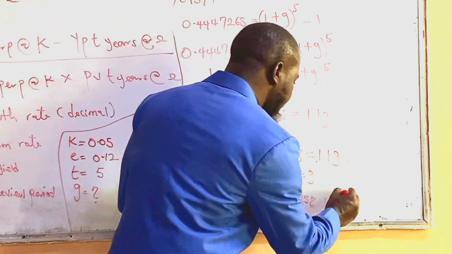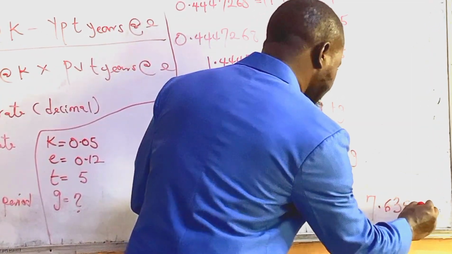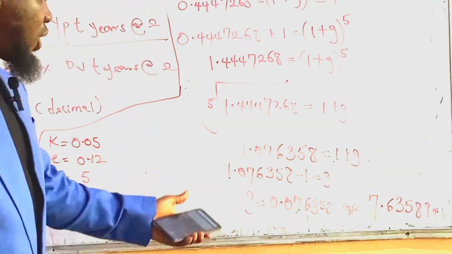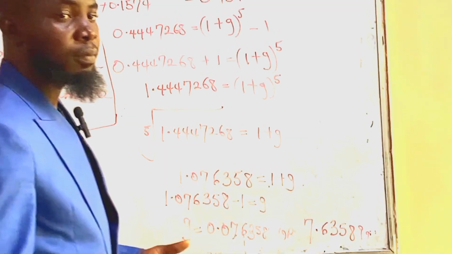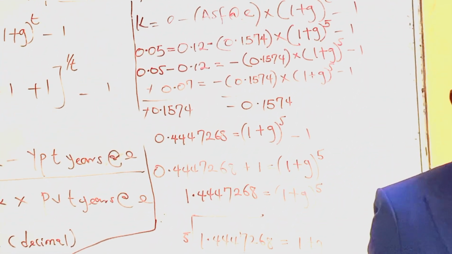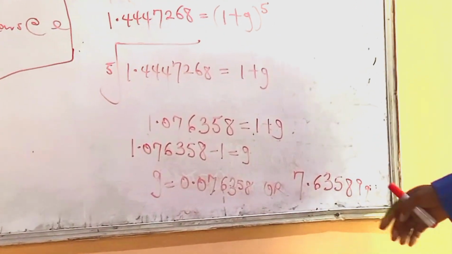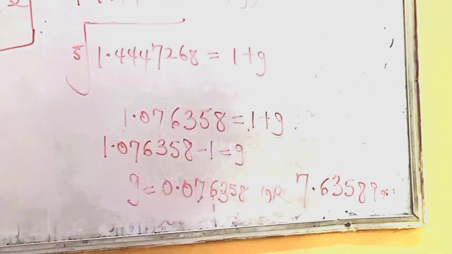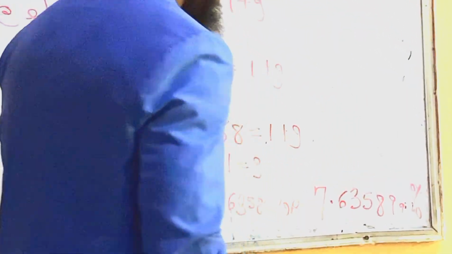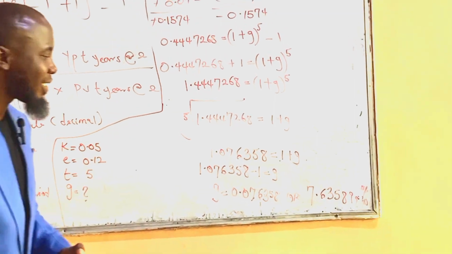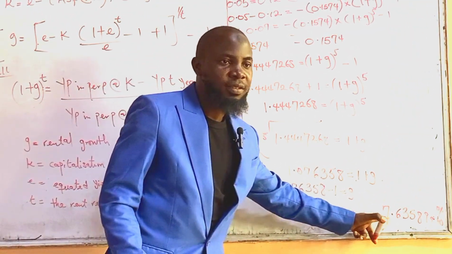We have 7.635899 and the likes. So this is your G, what you are looking for. Either you leave it like this, or you multiply it by 100 to get the percentage, 7.63. So at this rate, they are increasing the rent every 5 years at this rate.